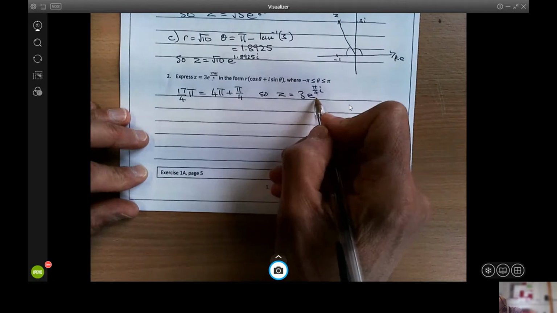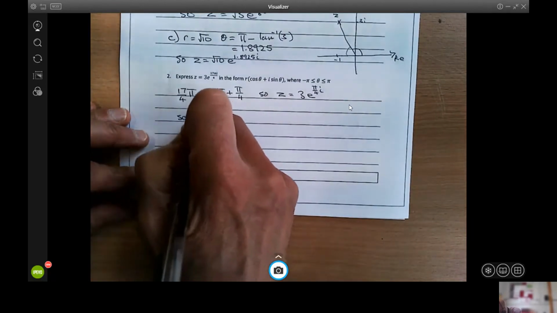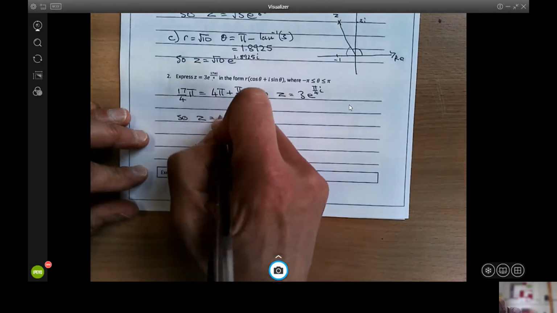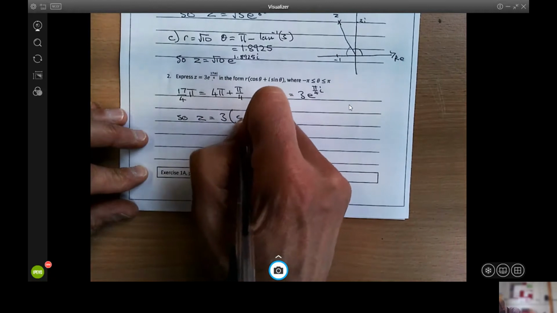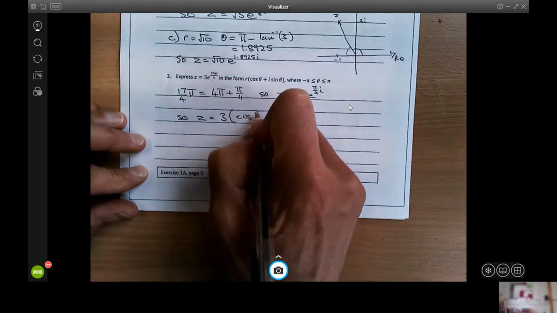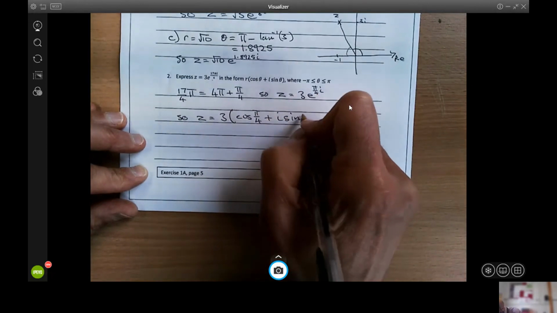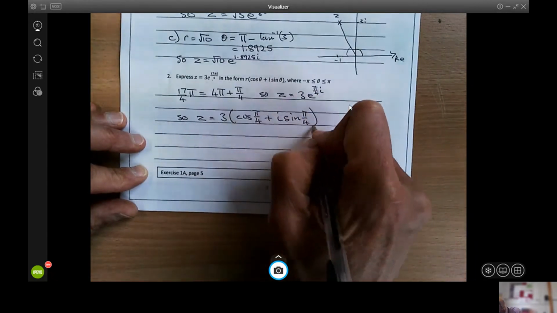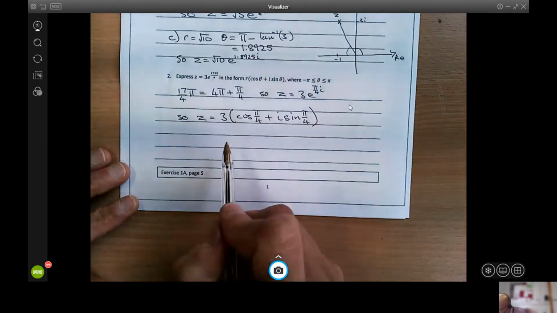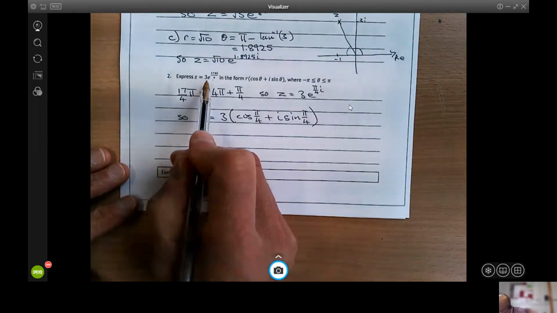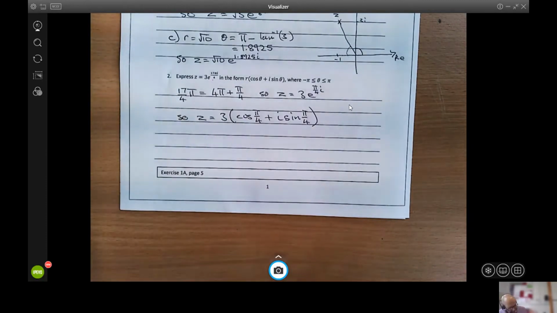This is still in exponential form, and then we can say z is equal to, 3 is its modulus, sorry, cos of pi over 4 plus i sine pi over 4. So we've converted a complex number from exponential form back into modulus and argument form.